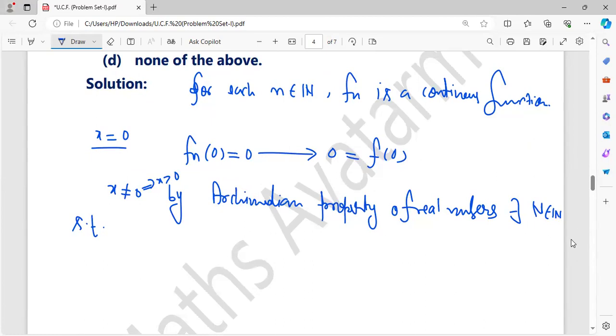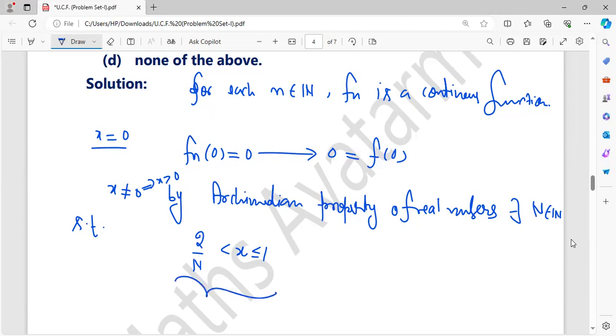By Archimedean property we have... and this is less than or equal to 1 because we are taking x in the closed interval [0, 1]. x is non-zero, it means x is greater than 0 but less than or equal to 1.